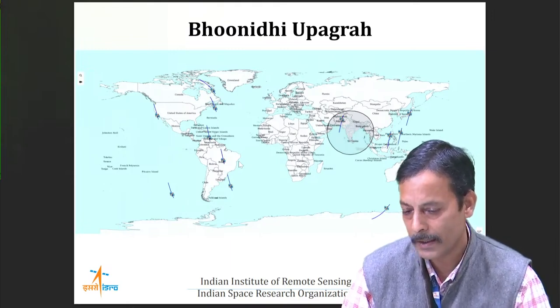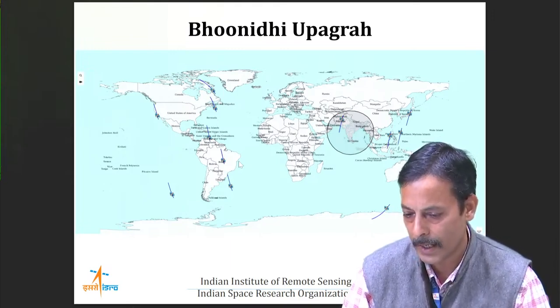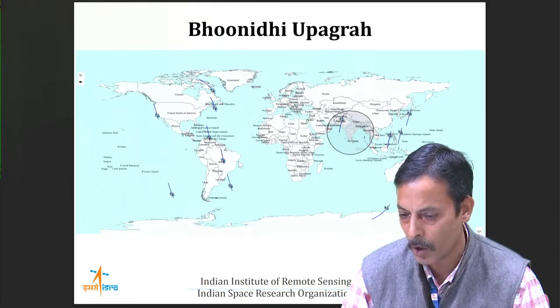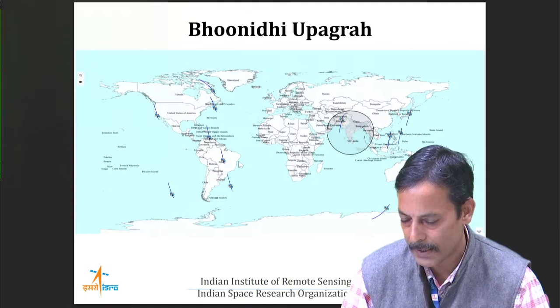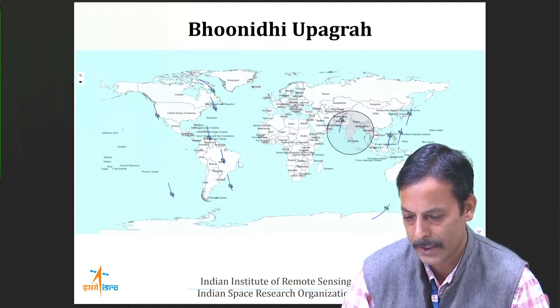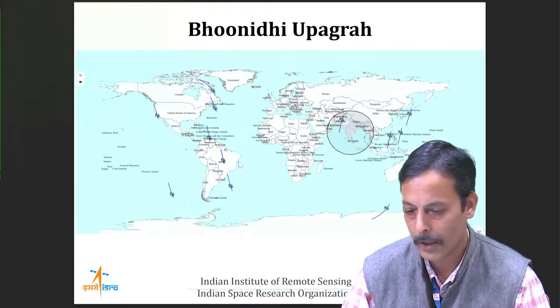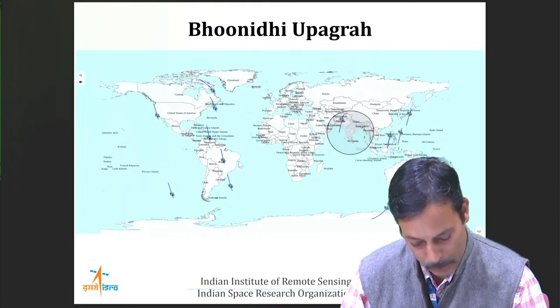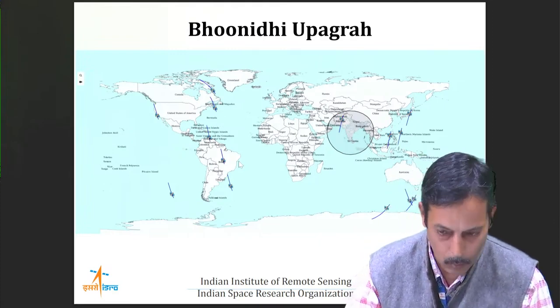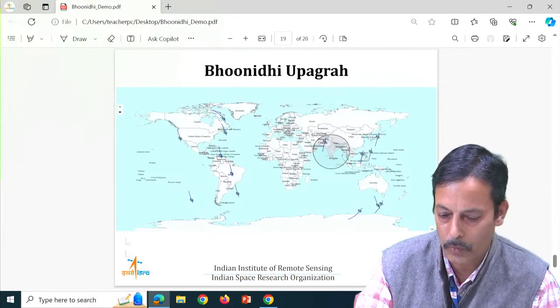Beyond that, they give a rider, because there are certain changes and it may not be very specific. Today's satellite passes are very specific, but as the days increase, the specificity may not be so accurate. So they also give a rider. This is what I was trying to tell you through my presentation.